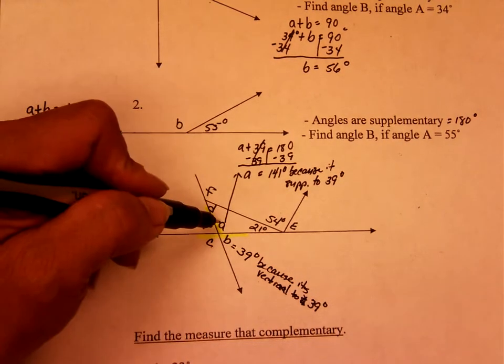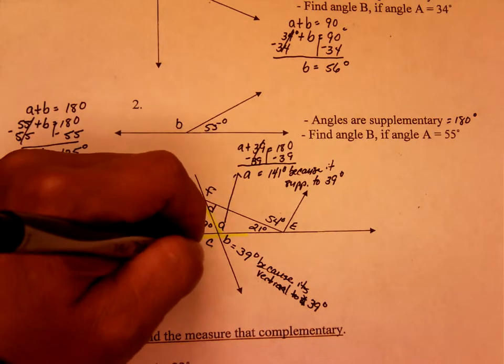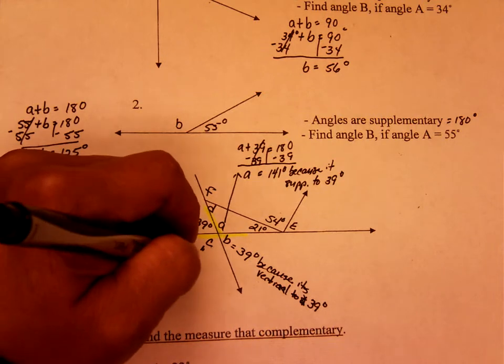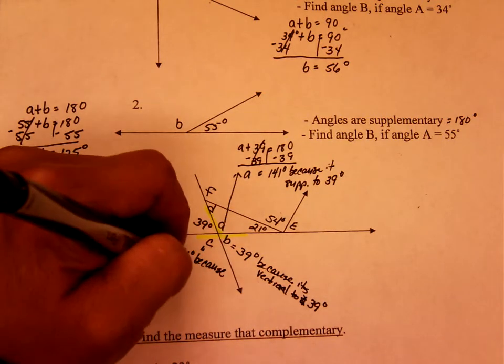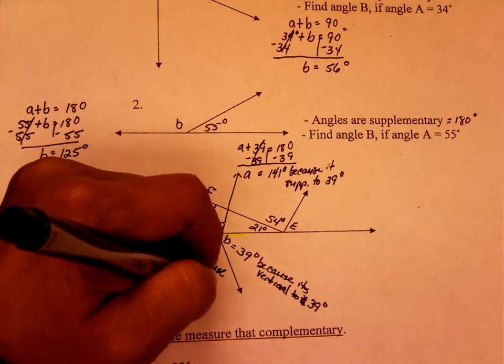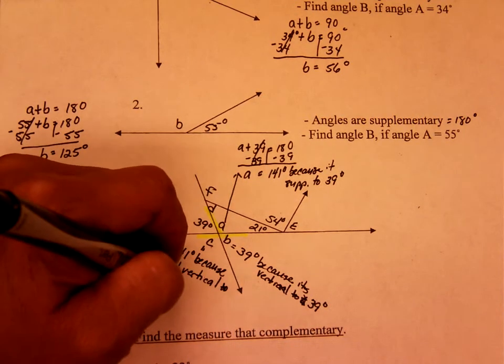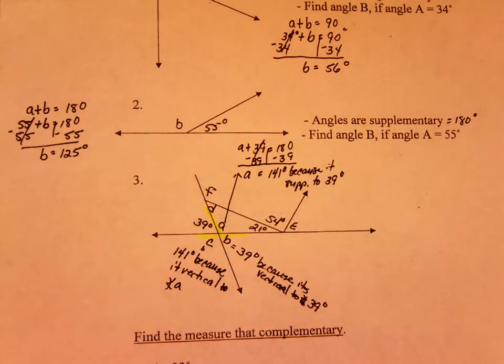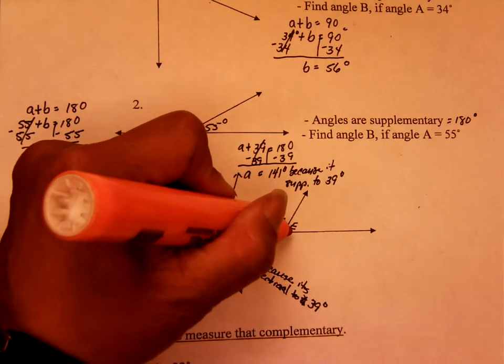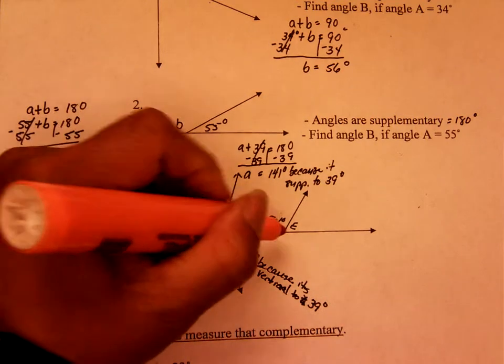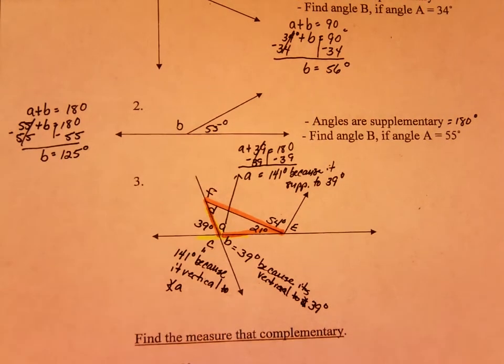Okay, now that you know A is 141 degrees, you should know what C is. C is equal to 141 degrees because it's vertical to angle A. Right, now I don't know if some of you might not know this, but this forms what shape? Hopefully you said a triangle. And a triangle is equal to 180 degrees.